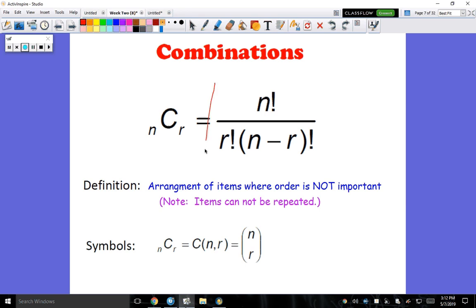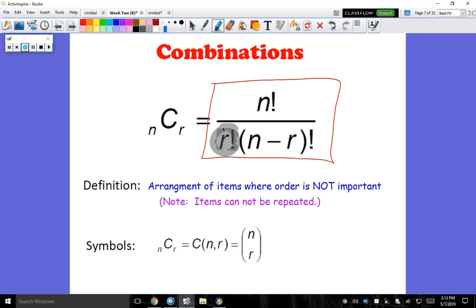Look at this equation and please tell me which one is going to be bigger. Is it going to be a combination or permutation? Which one of those two would give you a bigger number of different ways? The permutations, yes. The permutations will be the bigger answer because the combinations is going to divide by one more number. So it's going to bring that big number smaller because you're dividing by stuff.